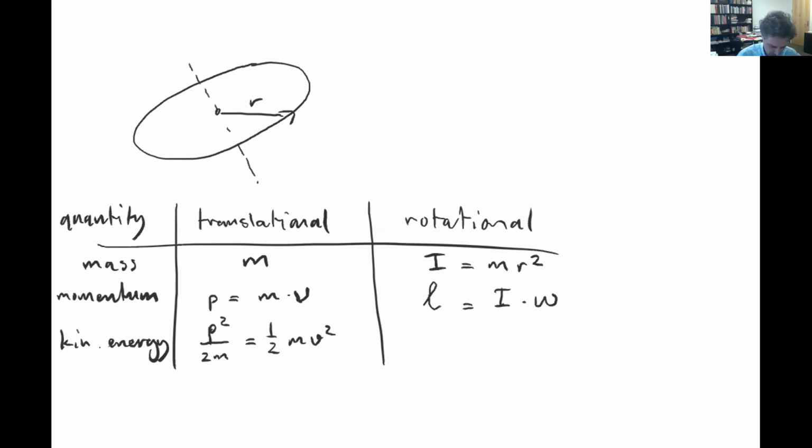You can say that's L squared over 2I. We know that L serves the function of momentum, I serves the function of m. So what I get then is half times I omega squared. So those are the quantities that I will be using for rotational motion. I won't be using P and m, but instead I use L and I.